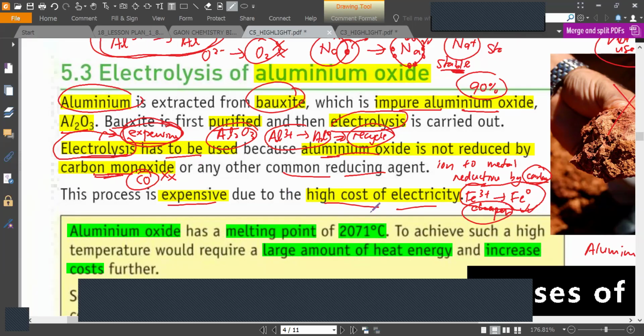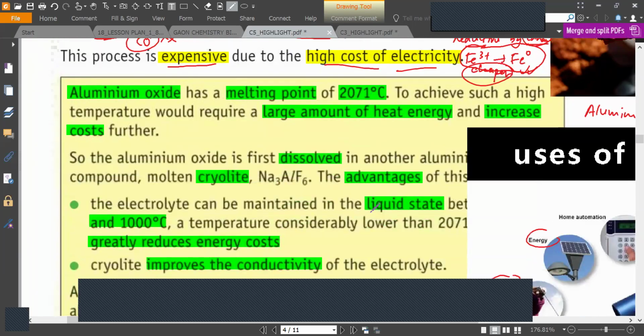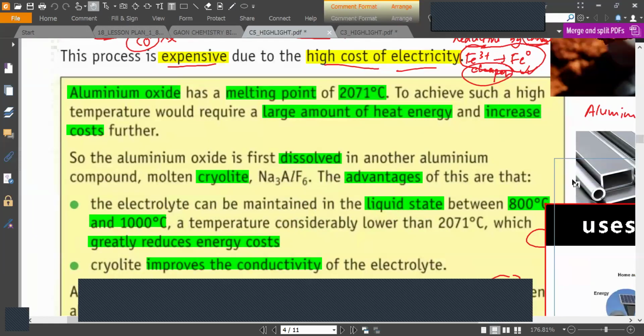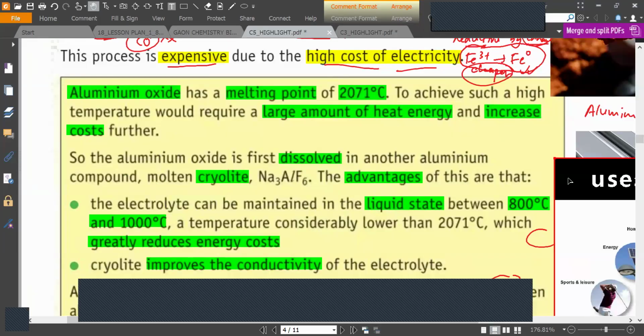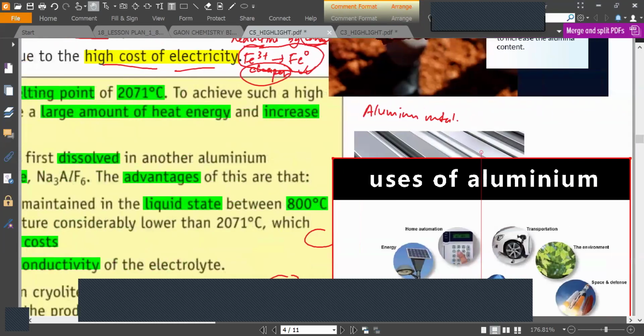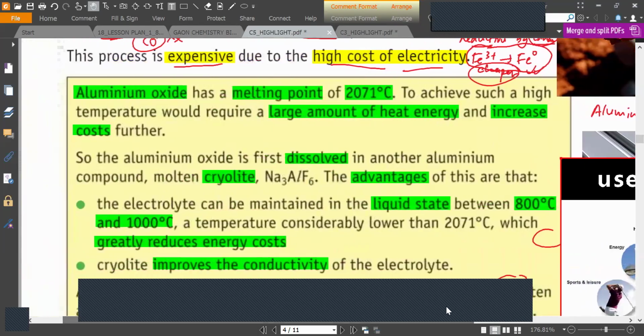So how did it happen? We'll take a look. Because aluminium is so useful, that's why we will study it in detail, because it has so many uses. This process, how we get aluminium, how we get from Al 3 plus to Al 0.